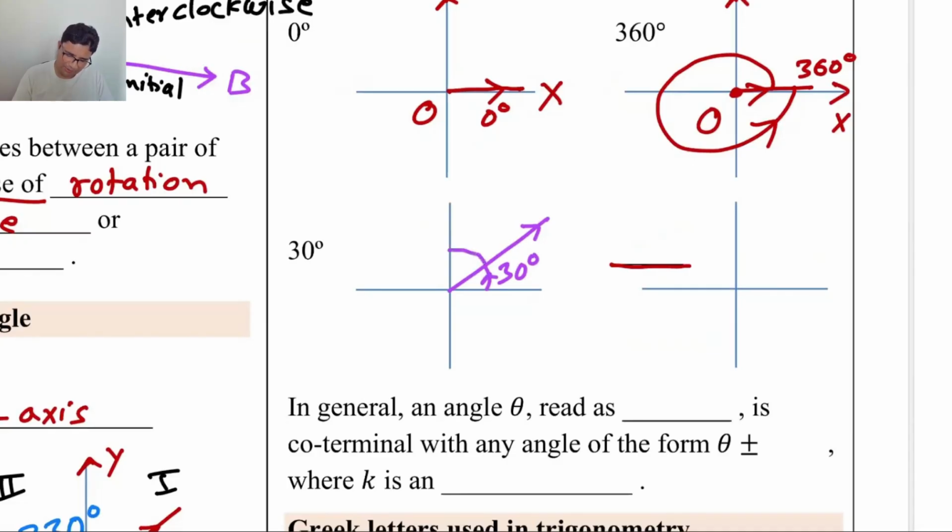But this time, let me do it differently. Okay, so 30 degrees, and I'm going to make another full rotation. So what would I call it? If this is 30 degrees when you measure the first time, what would the value be after you make another full turn? And you must have guessed correctly, it will be 390 degrees.